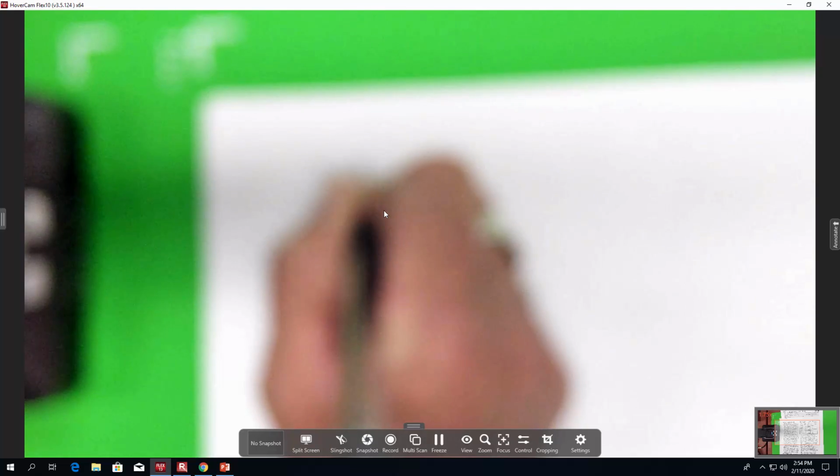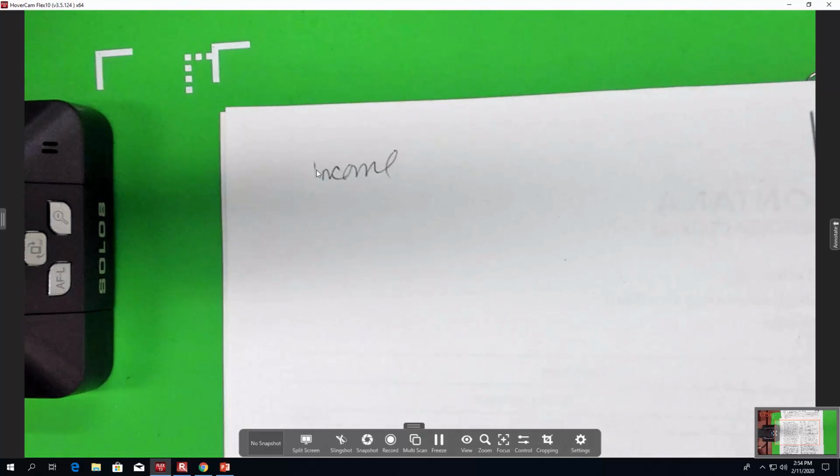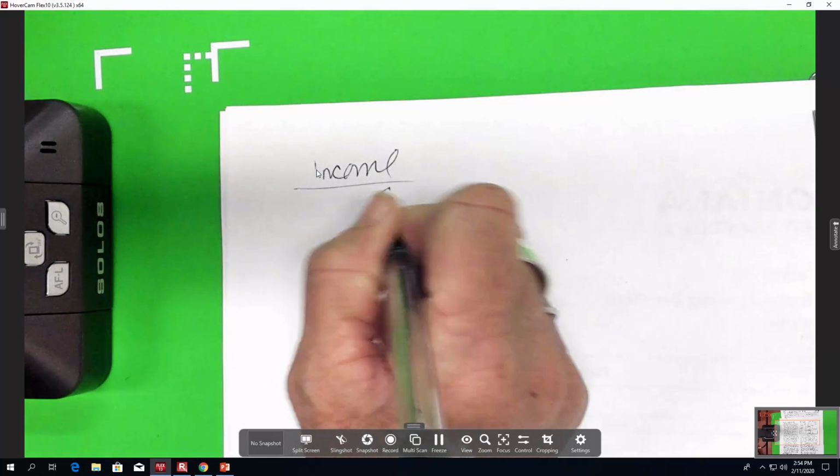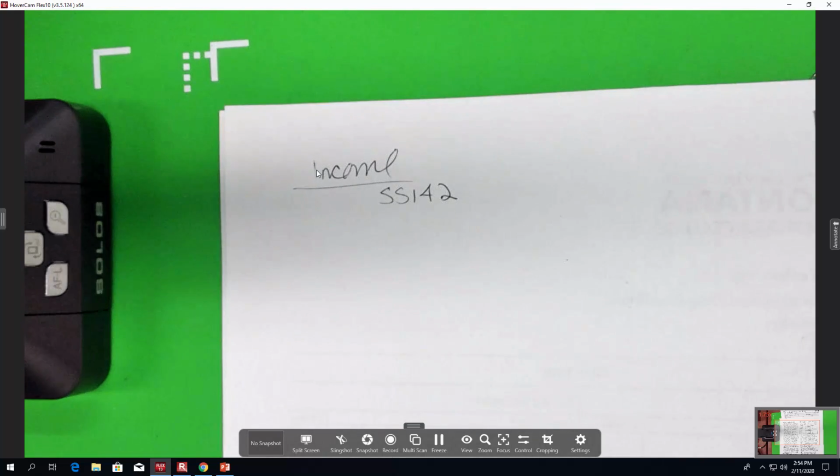So all my items of income total $55,142. Okay, so that's both her income and her what in this case?